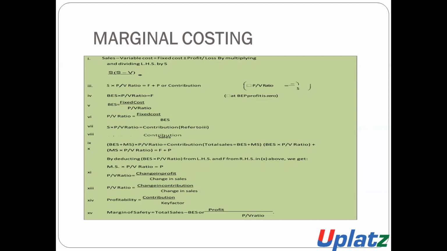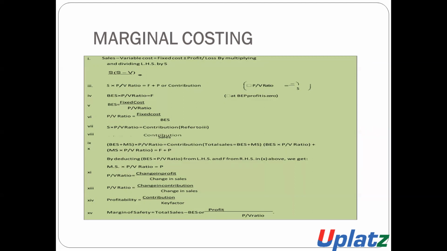This is the amount of contribution, which can be calculated as sales minus variable cost, or fixed cost plus or minus profit or loss. This is the formula for the calculation of contribution.